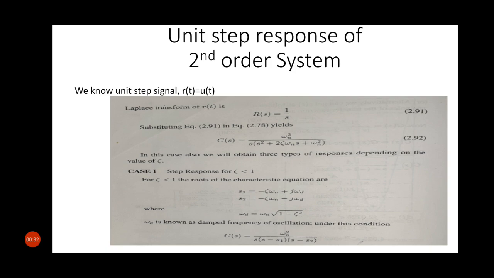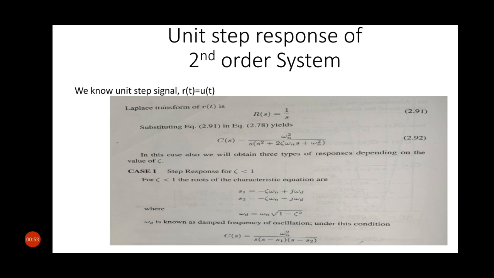Okay, so now we apply a unit step input. So r(t), we know the unit step signal r(t) equals u(t). The Laplace transform of r(t) is R(s), and the Laplace transform of u(t) is equal to 1 by s.